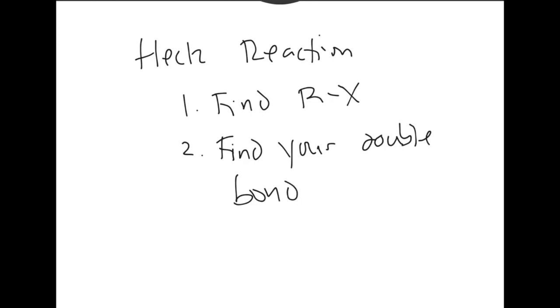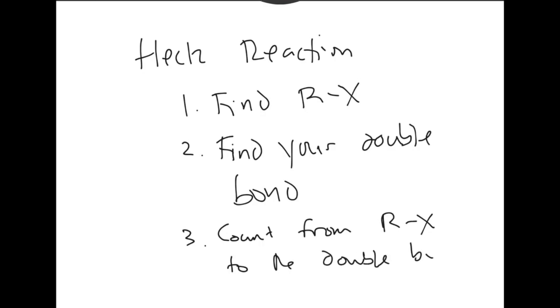So you need to find that double bond you're going to react with and then count, and that's going to let you know how big of a ring you're going to form.